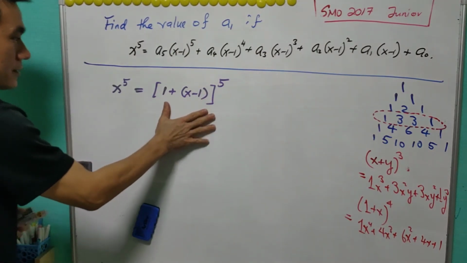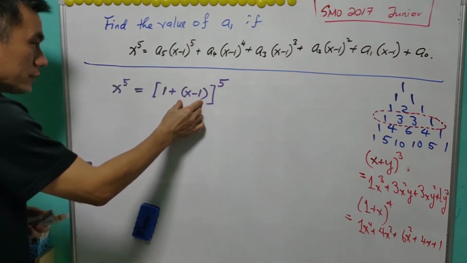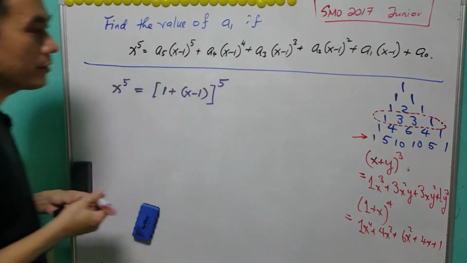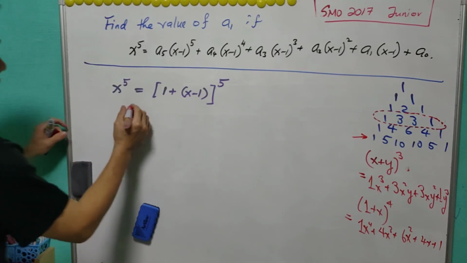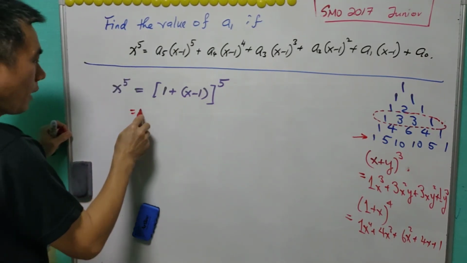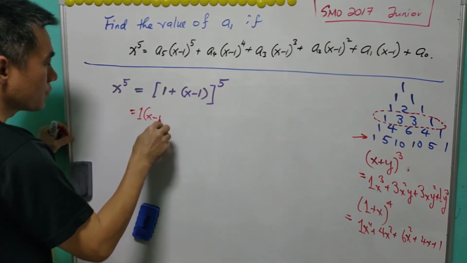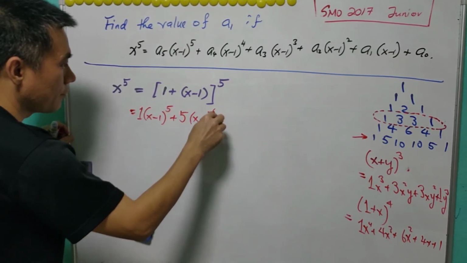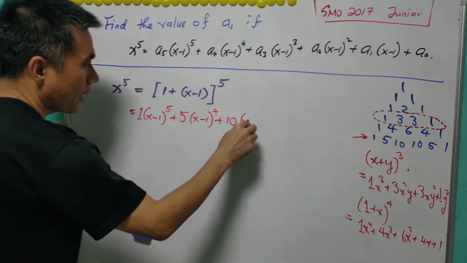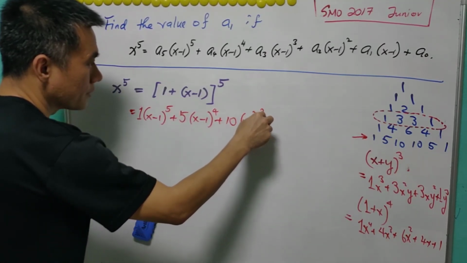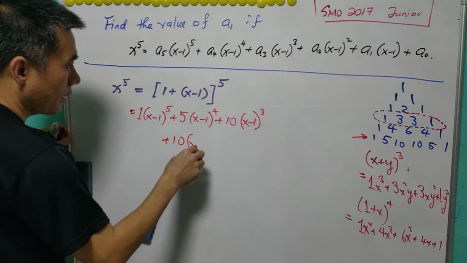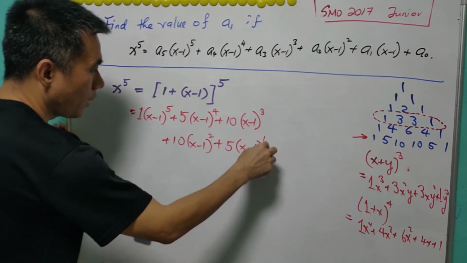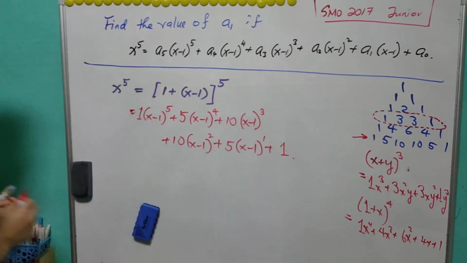Now we have (1 + (x-1))^5. So we look at this row, 1, 5, 10, 10, 5, 1. It actually means 1 of (x-1)^5, 5 of (x-1)^4, 10 of (x-1)^3, 10 of (x-1)^2, 5 of (x-1)^1, and the last one is 1.